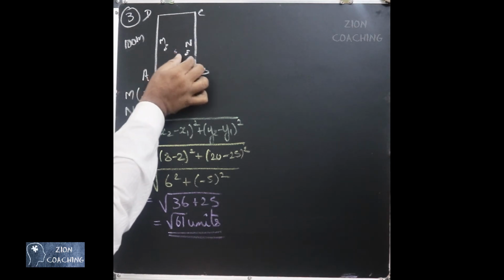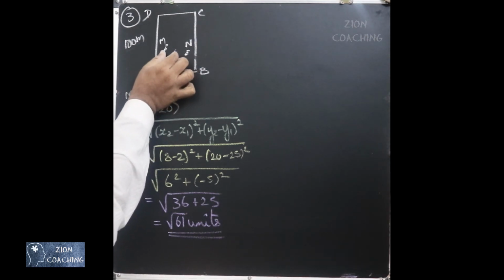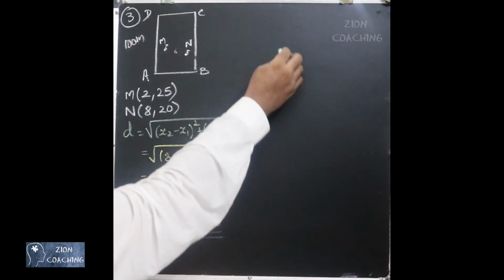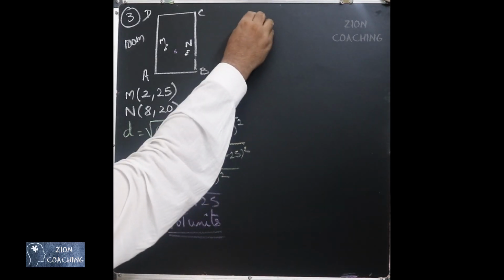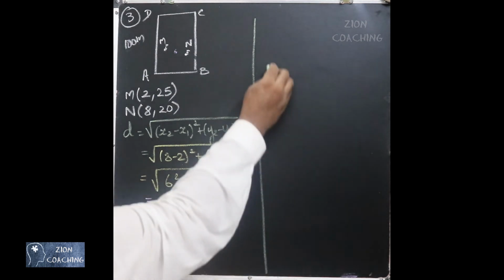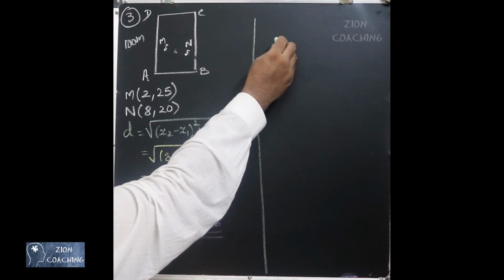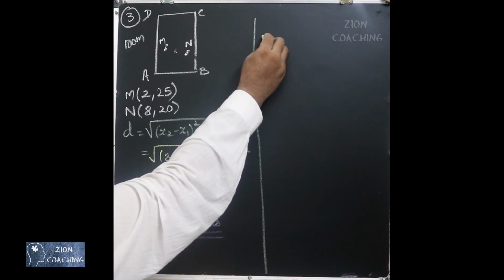One part is on this side, one part is on this side. So exactly the ratio becomes 1:1. In that case, the formula will become the midpoint formula. In the section formula, if you substitute m1 and m2 as 1:1, then you can find the midpoint.